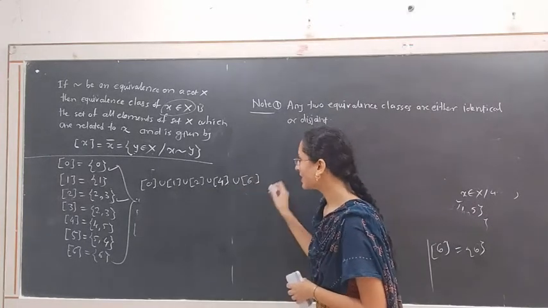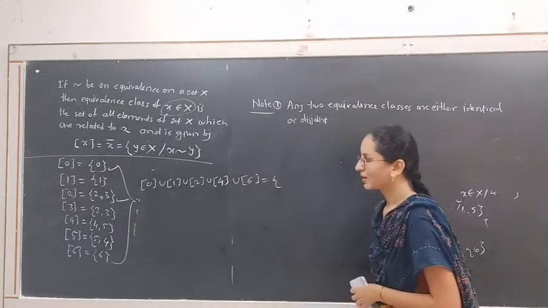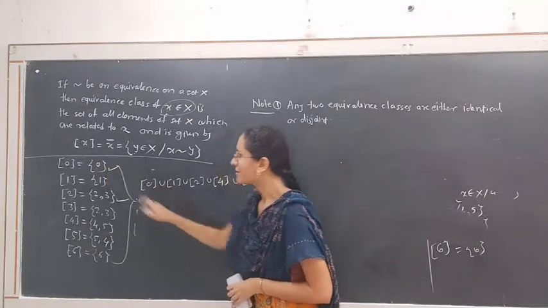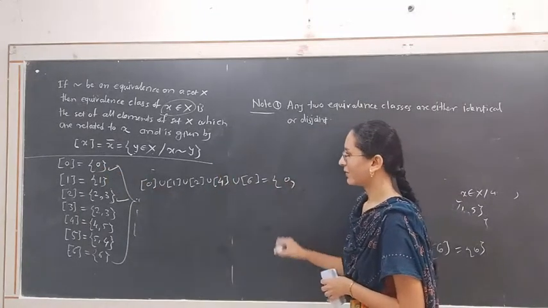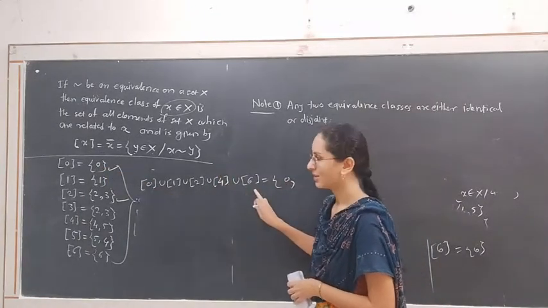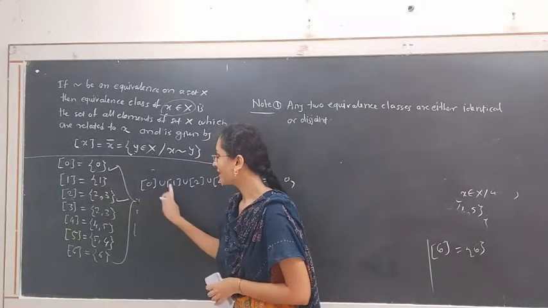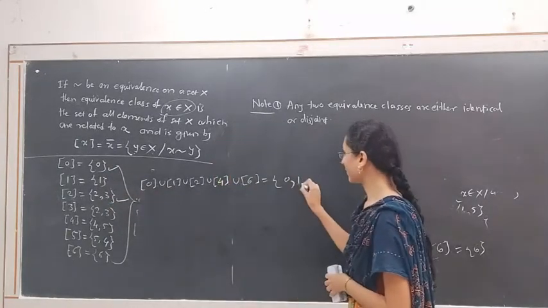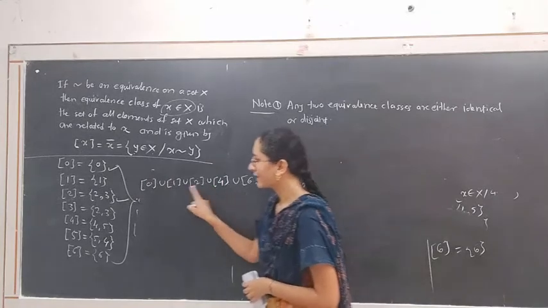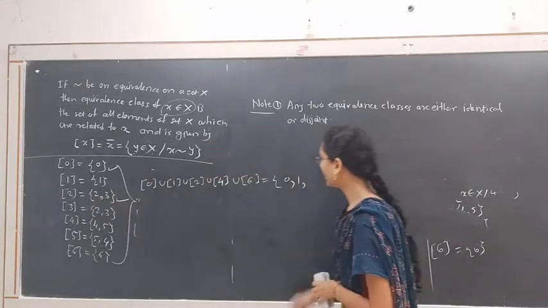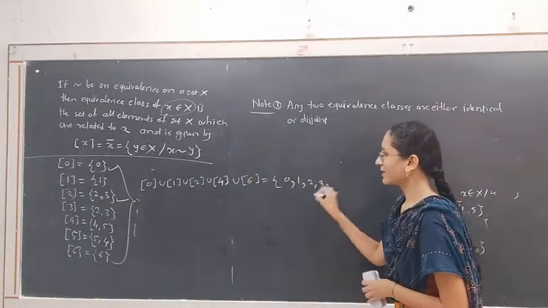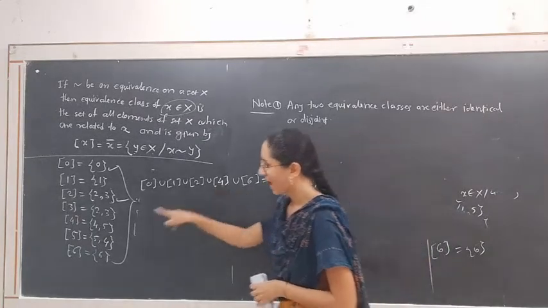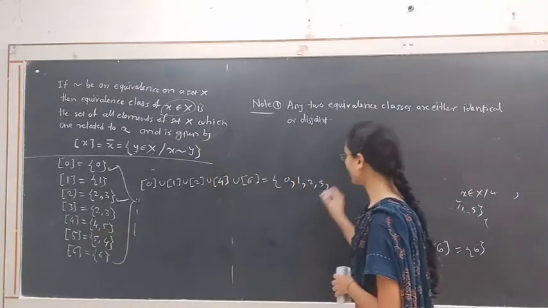If we consider the union of all these equivalence classes, then we get this: the first set contains the element 0. We are taking the union of these sets. The second set contains 1 element. The third set contains 2 elements, namely 2 and 3. The next set, equivalence class of 4, has 2 elements, 4 and 5.